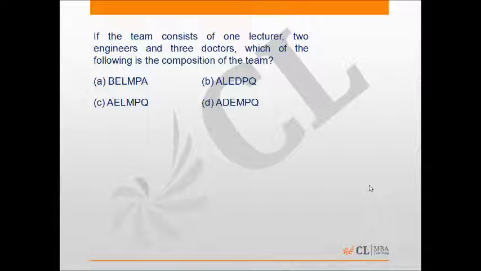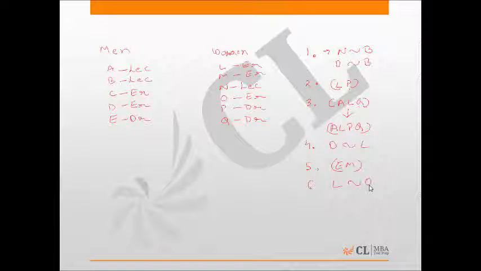Okay. If the team consists of 1 lecturer, 2 engineers and 3 doctors, which of the following is the composition of the team? We want to have 3 doctors. 3 doctors means we should have E, we should have P, we should have Q because altogether we have only 3 doctors.